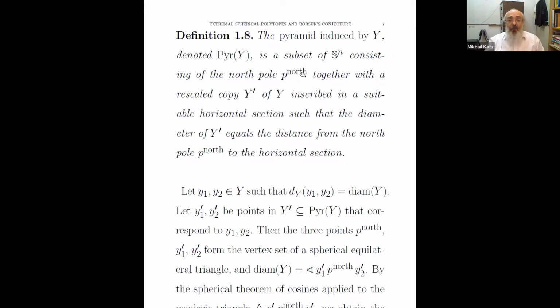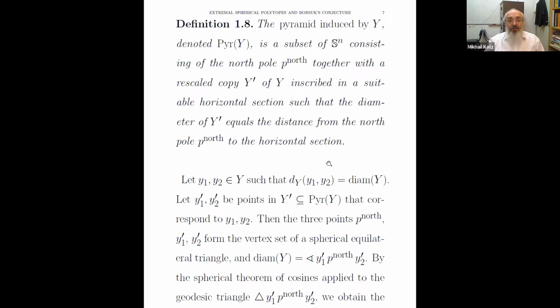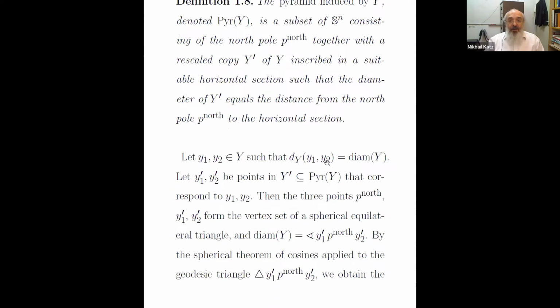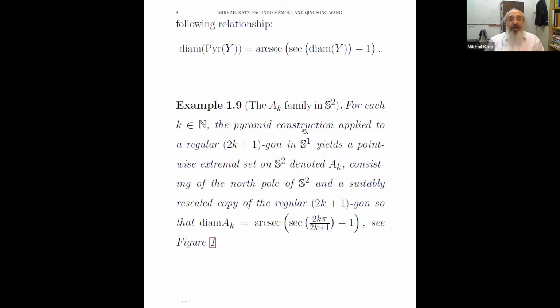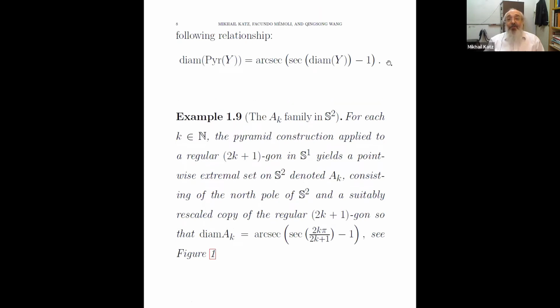Okay, so now suppose we have 2 points at maximal distance. Then the 3 points, which are the North Pole and the 2 comaximal points in Y prime, the original extremal configuration, form the vertex set of a spherical equilateral triangle. And then applying the law of cosines, we get this kind of relation.